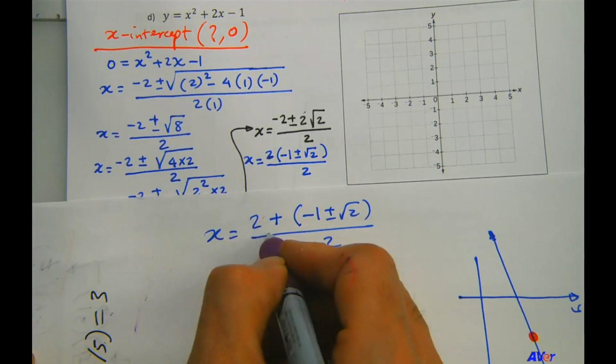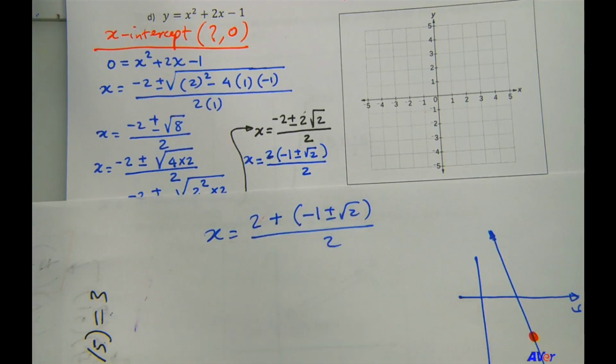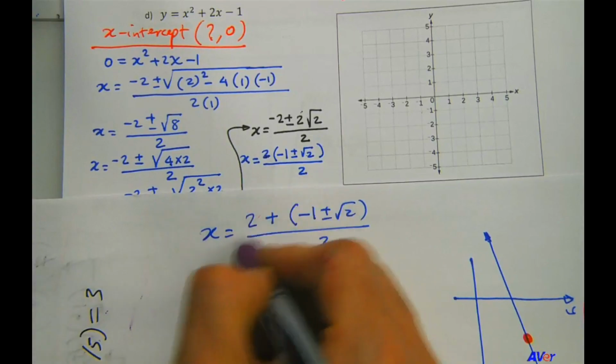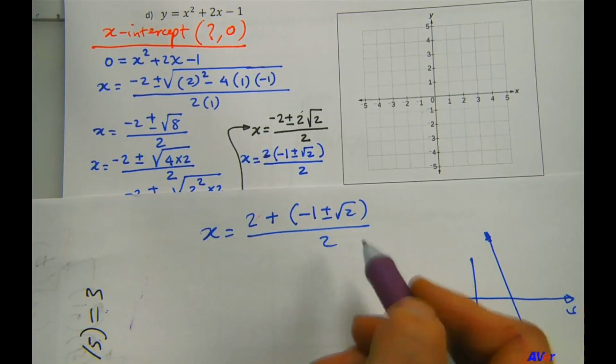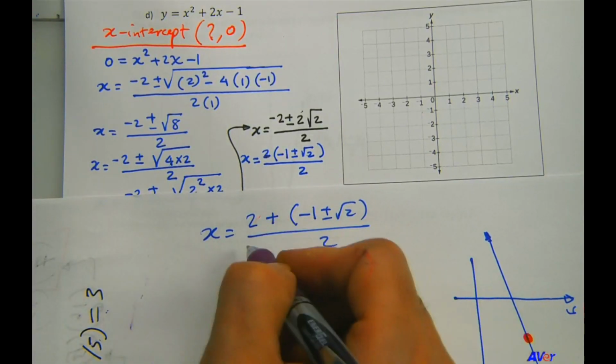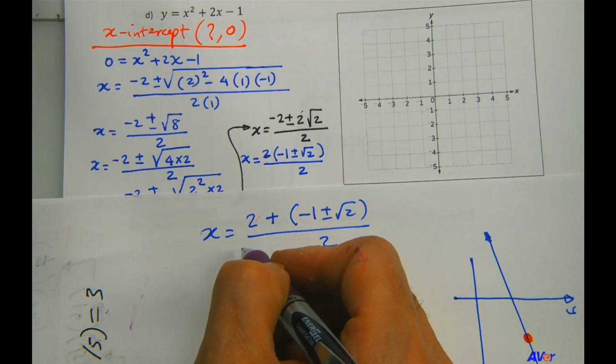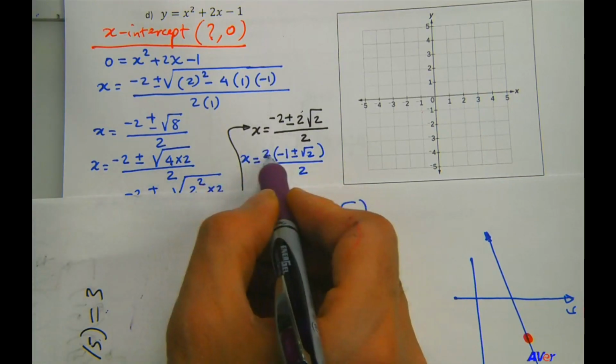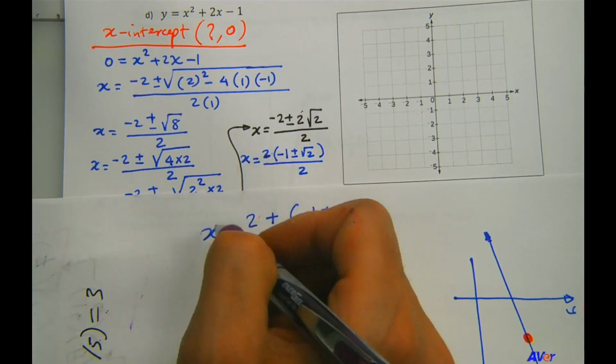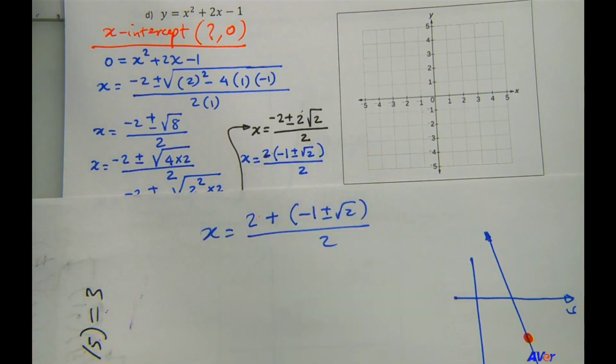No. I've seen this happen many, many times, guys. We cannot simplify this 2 by this 2 because there is a plus here. Then why can we simplify here? Because it's being multiplied. We do not have a plus there.